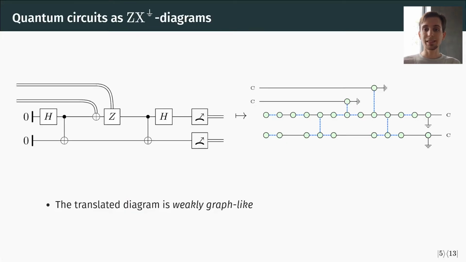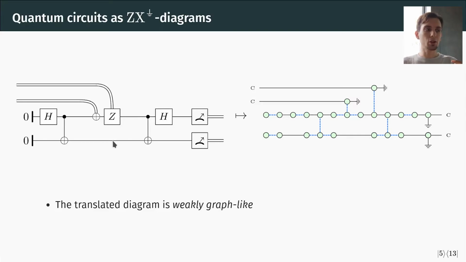Using this ZX ground calculus, we can now define our translation from hybrid circuits into diagrams. For the circuits, we allow a restricted set of classical operations composed of nodes and XORs.